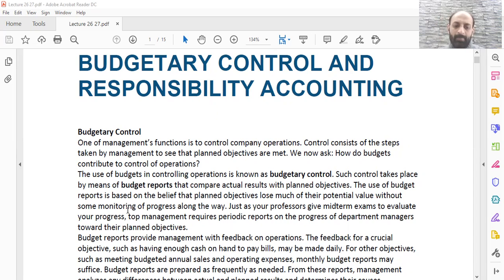So if the first quarter sales figures you are unable to achieve, it is imminent and important that the management should sit together and try to figure out where it went wrong. क्या वजूहात थी, क्या factors थे जिनकी वजह से you were unable to achieve your sales figure. So that is called monitoring the progress that you are making against the anticipated and budgeted performance that you were expecting to achieve.